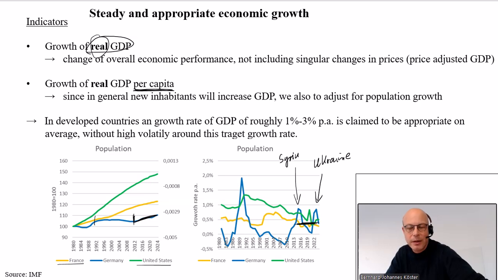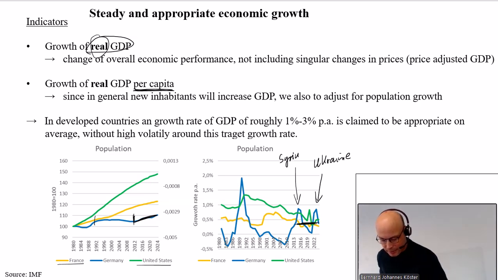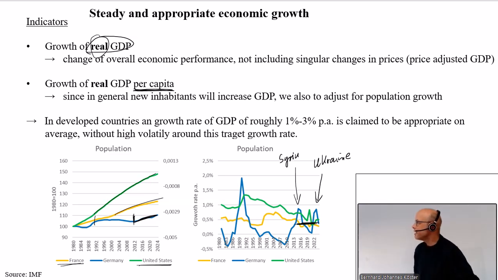And this is always important, that you have a look at this. If you compare the numbers of Germany with the United States and France, you see that in general there is an inflow of people into France and the United States.